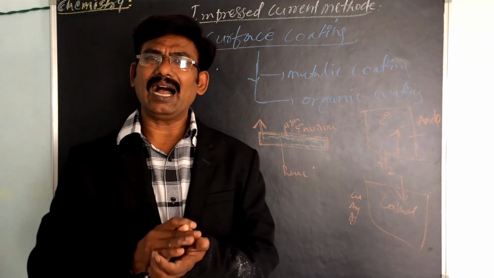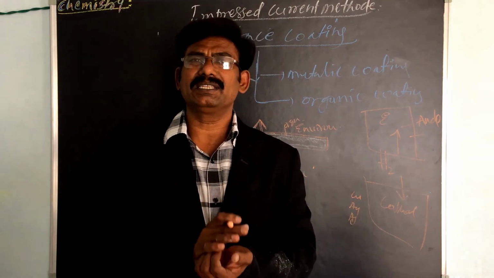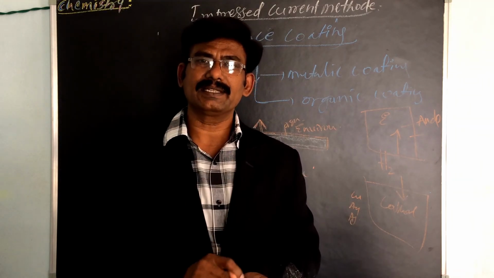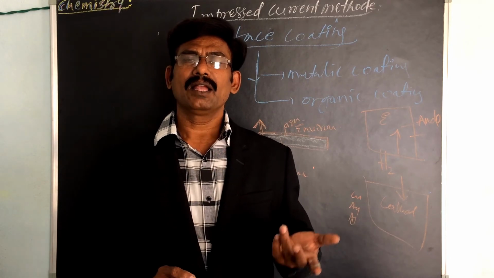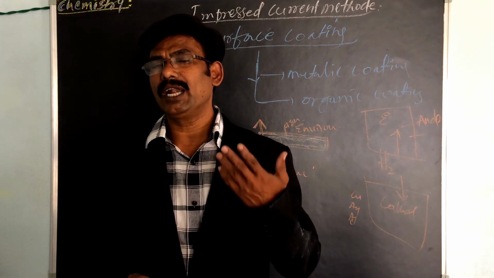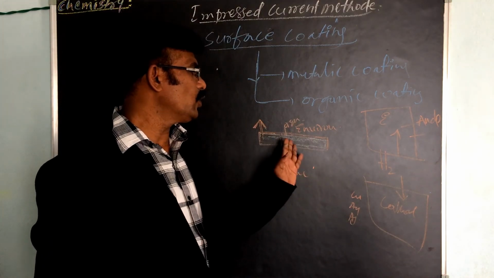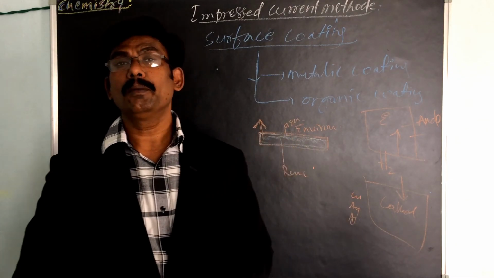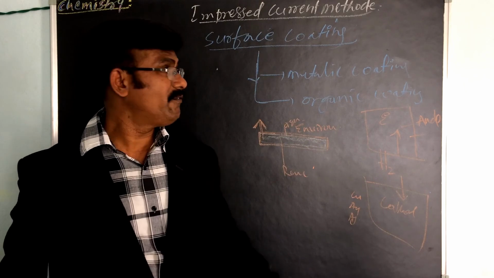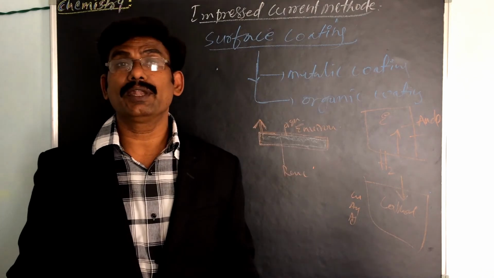So remove the oil or dust, whatever grease is present, any fatty substance. We have to use organic solvents like naphtha, carbon tetrachloride, toluene or benzene to remove all the grease. That is solvent cleaning before doing these coatings.